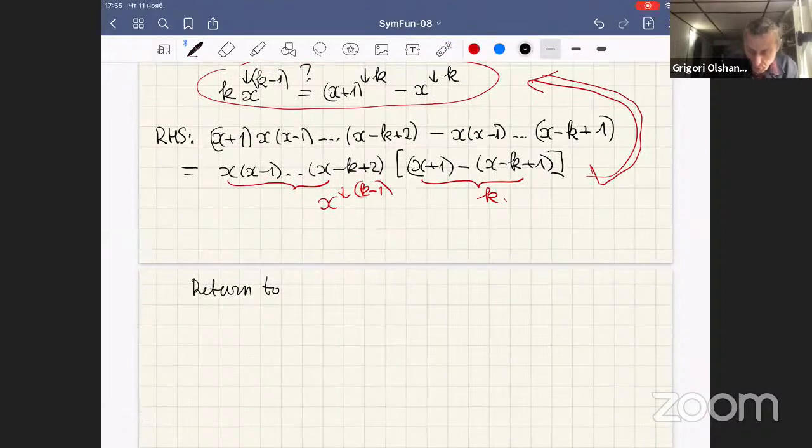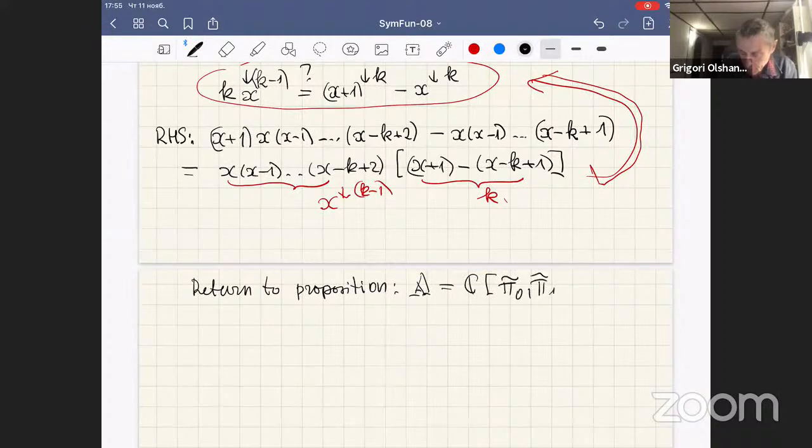So return to the proposition. I mean that our algebra is the algebra of polynomials and the modified by functions. So I assume that k starts from 1.